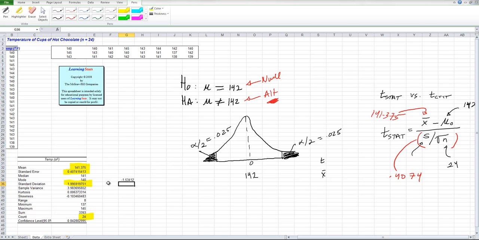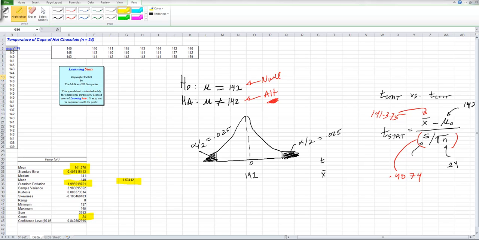So negative 1.53 is my test statistic. Now to get the critical values, I want to go to my t-table.